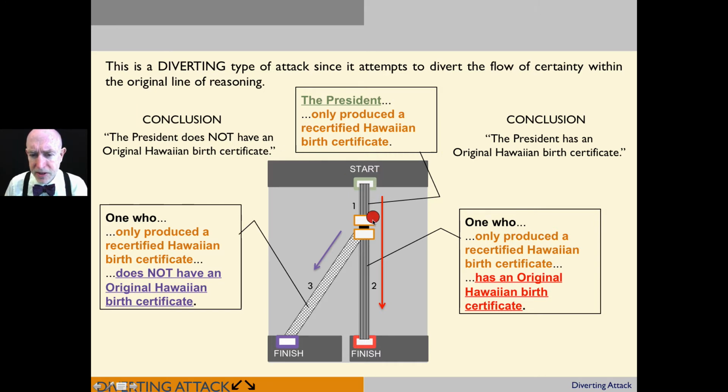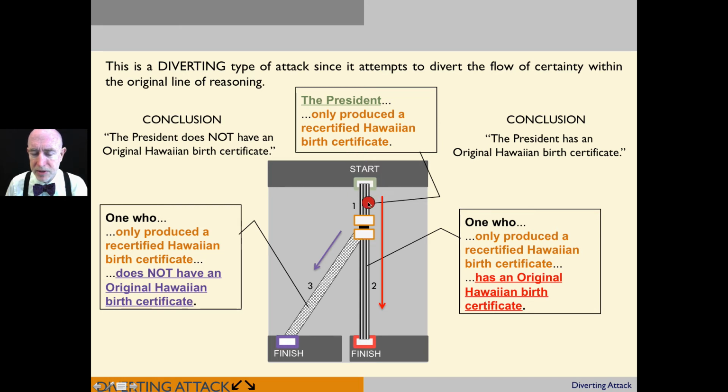Now notice that this second line of reasoning actually starts with the same premise number 1. So they kind of overlap right here. And then there's a branching, which happens right here.